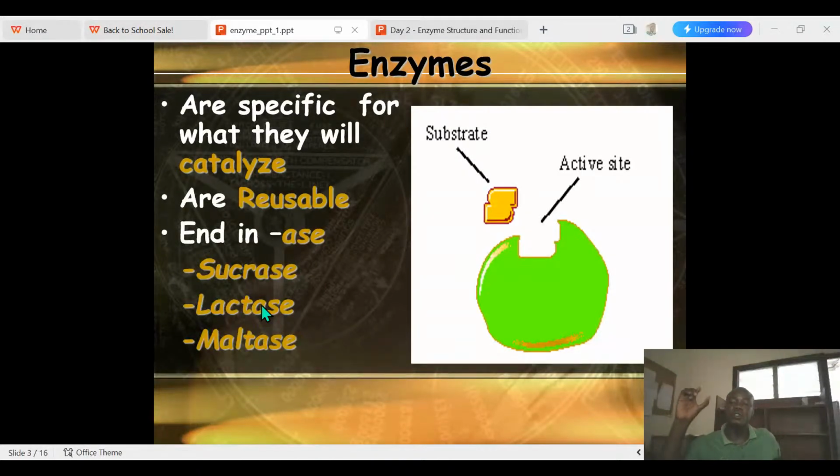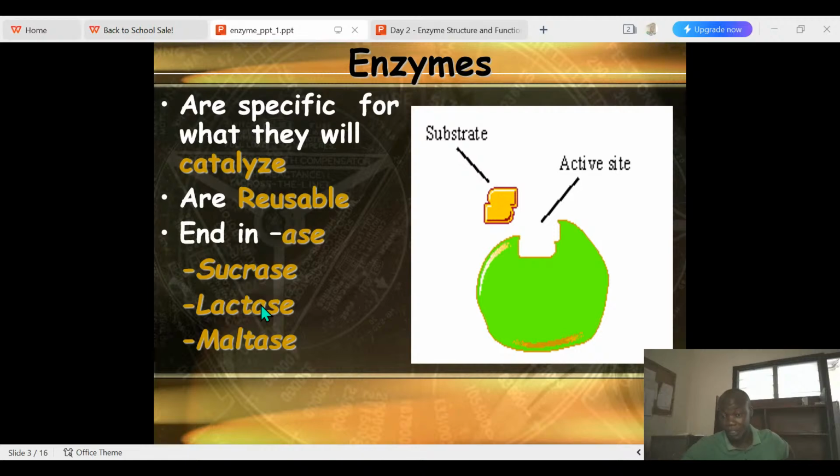Although there are some enzymes whose names do not end with ASE, that happened before the standard way of naming enzymes.